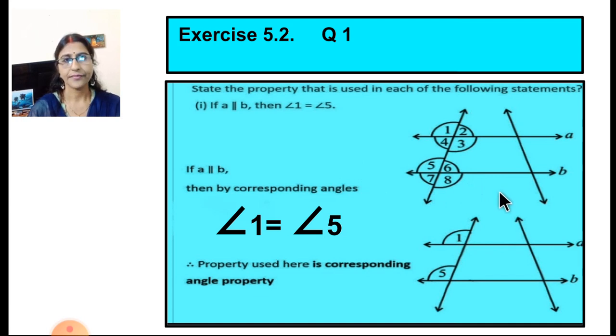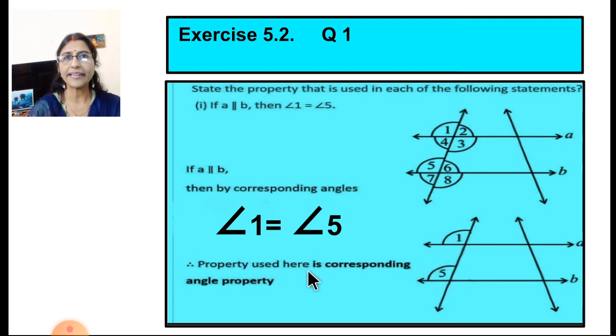Now here, if A is parallel to B, then by corresponding, you can see here angle 1 is drawn separately, angle 1 and angle 5. They are corresponding angles. So by corresponding angles, angle 1 is equal to angle 5, as it is given A is parallel to B. So when A is parallel to B, angle 1 will be equal to angle 5, which are corresponding angles.